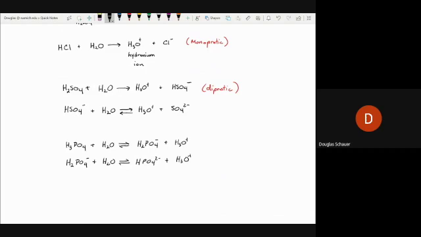Okay, and then the hydrogen phosphate can do the same thing. Okay, forming phosphate and hydronium. And again, that's our triprotic.